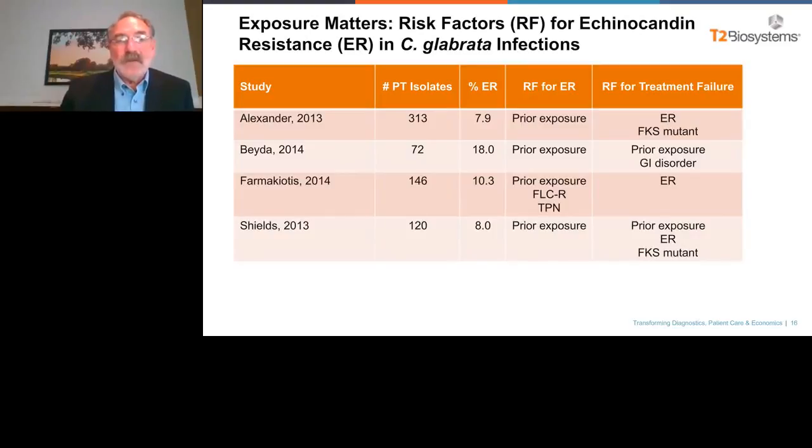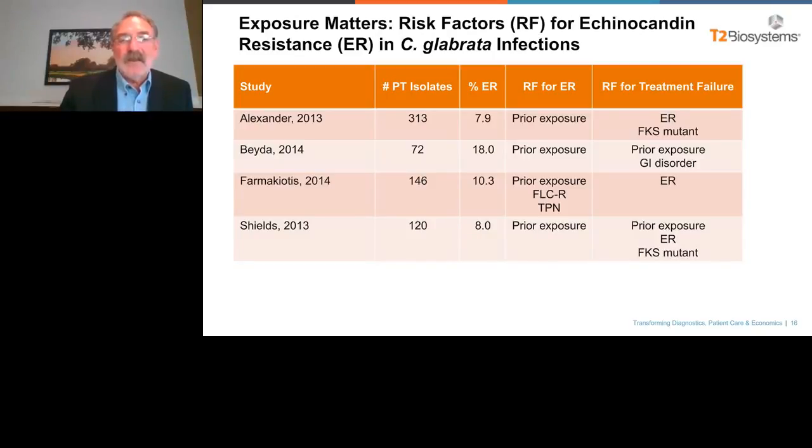Exposure to antifungal agents matters. We know that exposure to fluconazole selects for Candida glabrata and Candida krusei. Likewise, exposure to echinocandins really puts folks at risk for infection with echinocandin resistance in Candida glabrata. There are 4 studies listed here, a sizable number of bloodstream isolates of Candida glabrata, and the percent echinocandin resistance ranges from 8 to 18%.